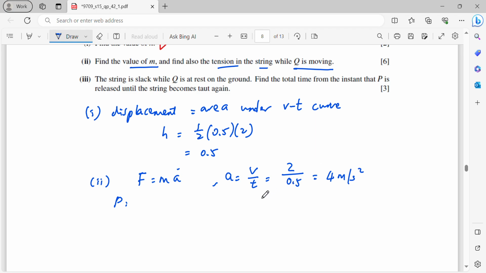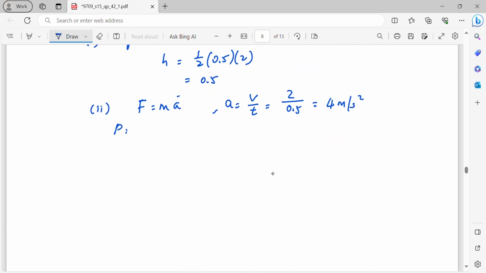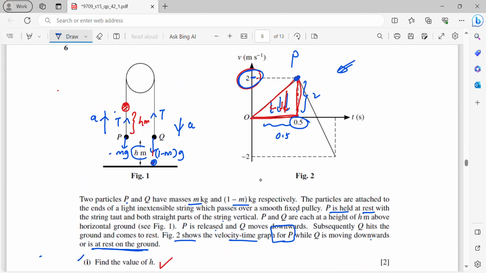Now, when I refer to the particle P, it is moving up. Therefore, the tension minus mg equals ma, because the mass of P is m. So I get T minus mg equals ma. Now for the Q, the Q moves down.